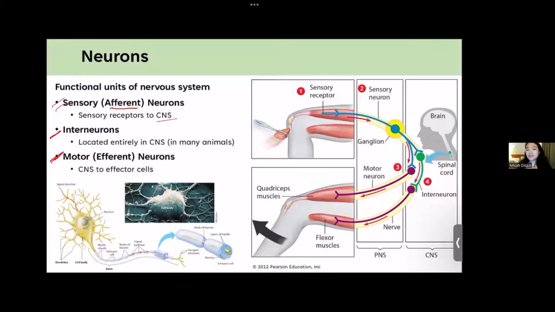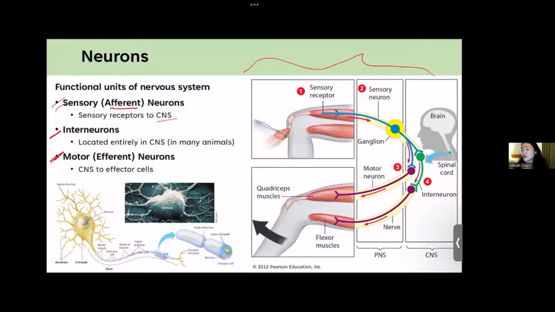Okay, kindly look at this figure on the right. This illustrates the knee-jerk reflex. I'm sure we're all familiar with this reflex. Basically, when our knee is tapped, we kick. So what happens here is that we have our sensory receptors in our sensory neurons.